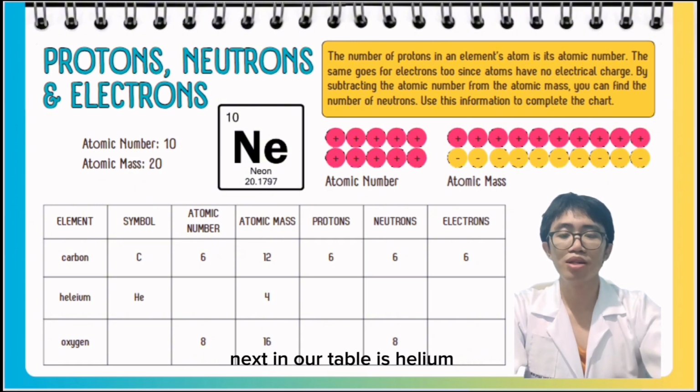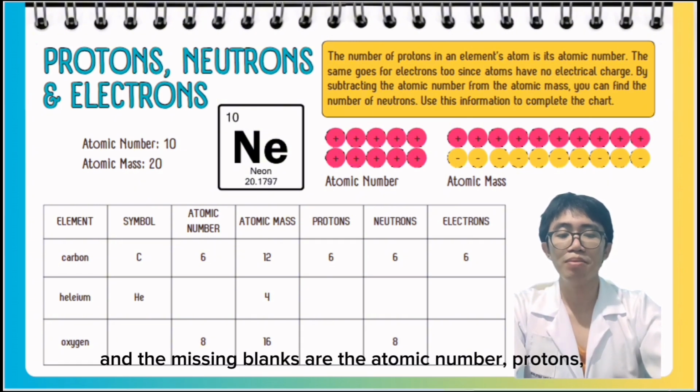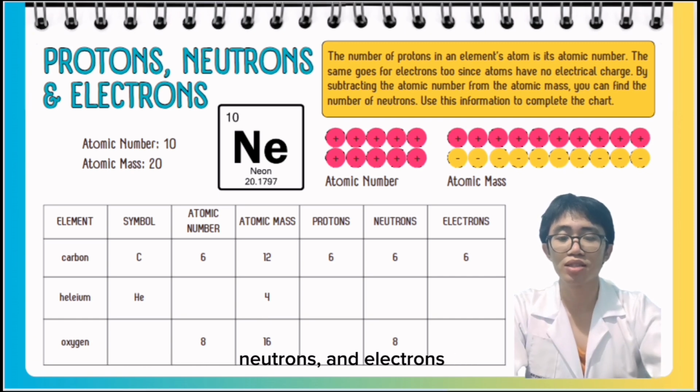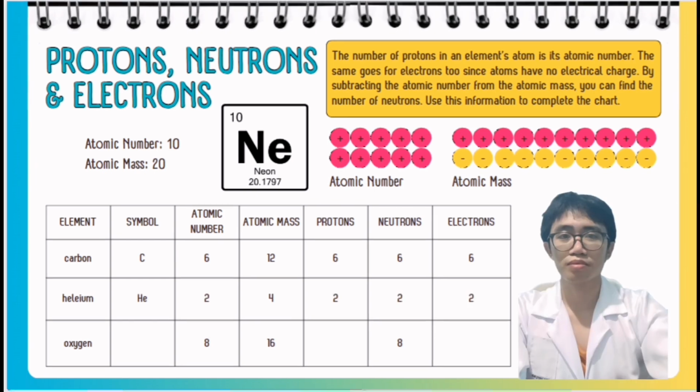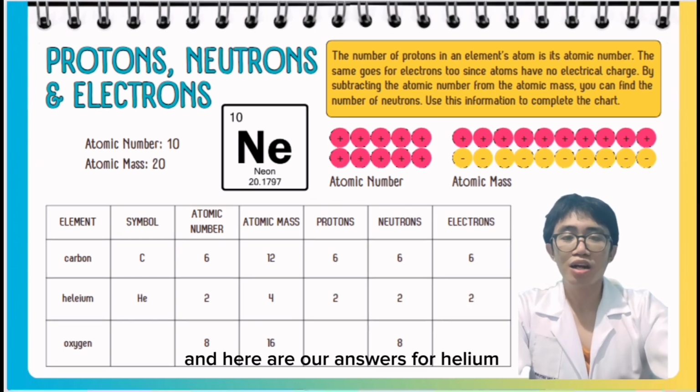Next in our table is helium, and the missing blanks are the atomic number, protons, neutrons, and electrons. And here are our answers for helium.